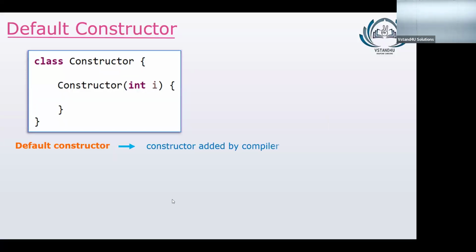And we started discussing the default constructor. A default constructor is a constructor which is added by the compiler in only one scenario. What is that scenario? When will the compiler add a default constructor in my class?